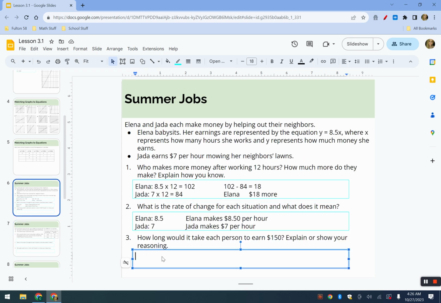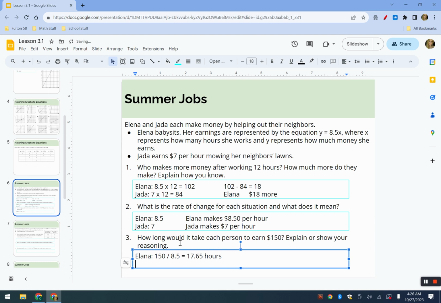To figure out how long it will take each person to earn 150, we're actually going to do the opposite, and we're going to divide 150 by our rate of change. So we're going to do for Elena 150 divided by 8.5, and that would give us 17.65.